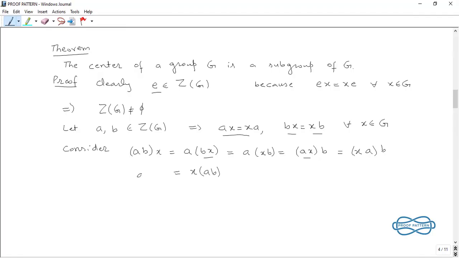And this shows that the product of elements ab also commutes with every element of G. This means this product ab belongs to the center of G.